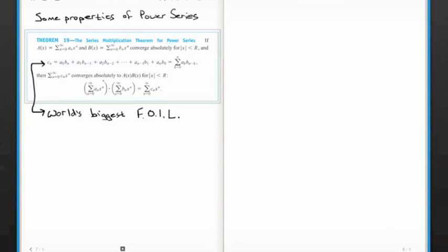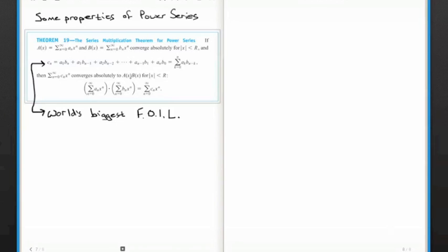Yeah, mathematicians do. Engineers, not so much. But what we do care about is the result: the infinite sum, not just from 1 to 5 or whatever we did here, the infinite sum of all these individual C sub n times x to the n converges absolutely to the product of the functions.